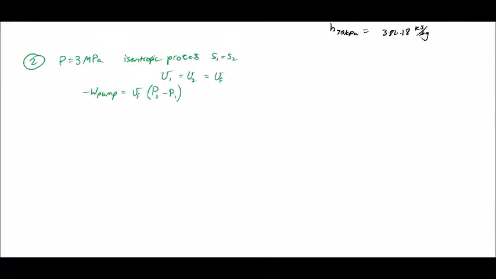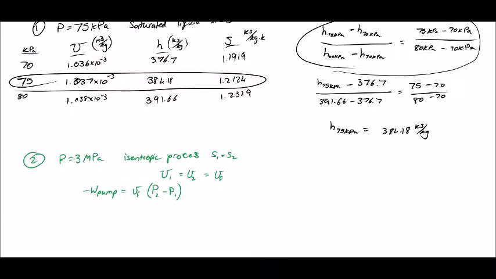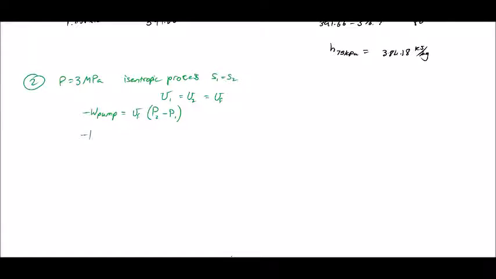Since the specific volume is the same for state 2 and state 1, we can continue using the number we calculated earlier. So, let's plug in all the numbers: 1.037 times 10 to the negative third meters cubed per kilogram times 300 kilopascals, that's 3 megapascals converted to kilopascals, minus 75 kilopascals, the pressure at 1.